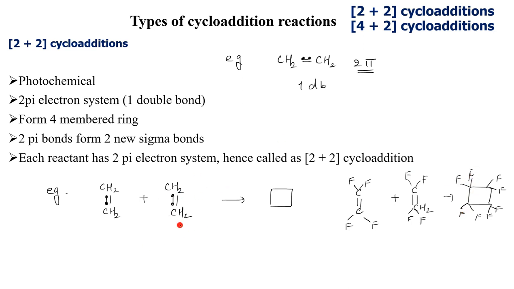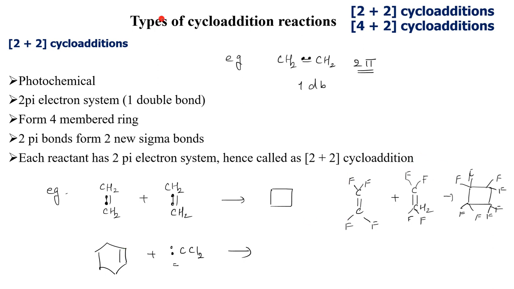Then let's see some other version. For example, you have this type of structure. So this is a 2 pi system and this is also a 2 pi system, as two electrons are present. Two electrons are present, so this is also a 2 pi system.